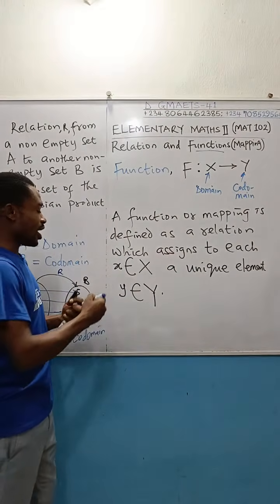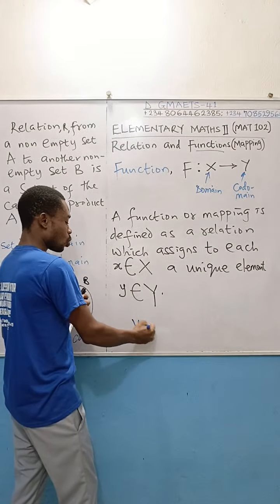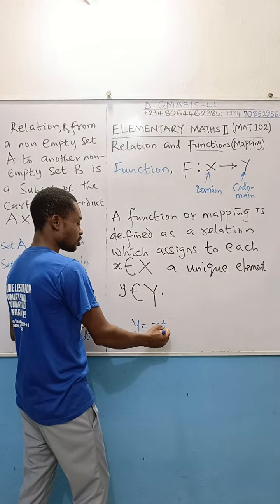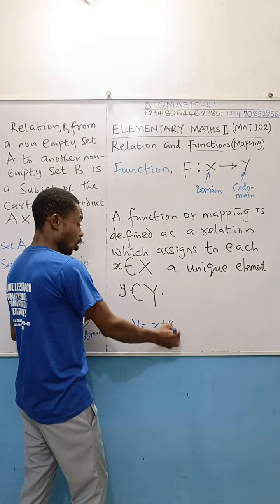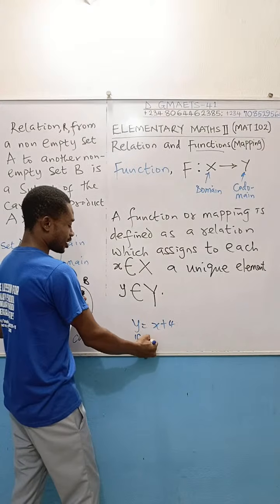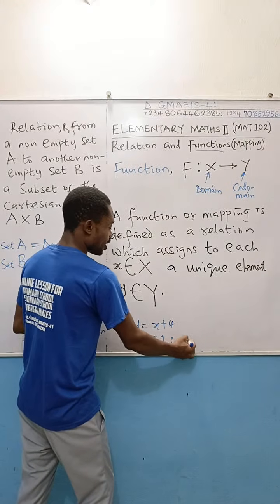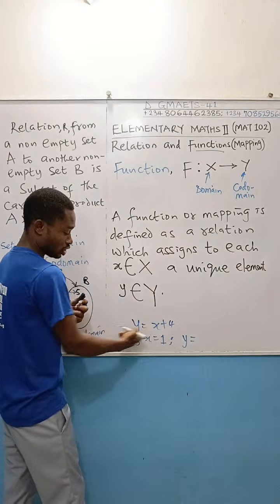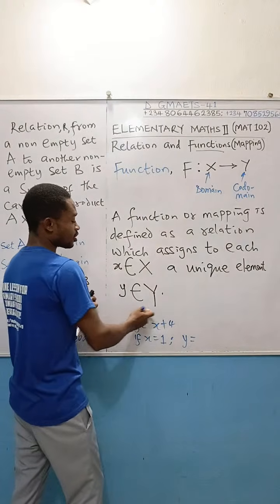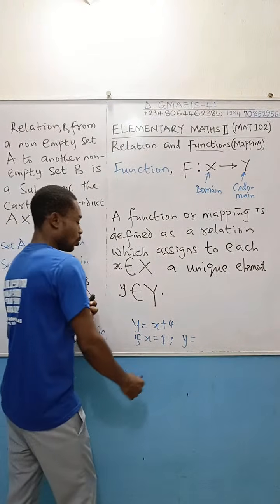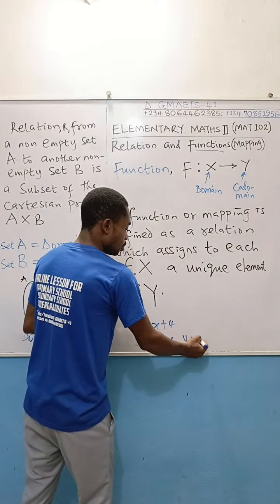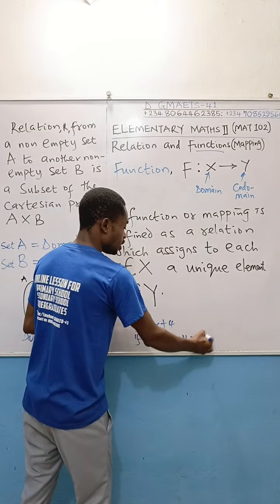Do you remember when I did something like let y be equal to x plus 4, and then I said if x is equal to 1, you find out that y in this function, or let's just call it this relation, will now be equal to 1 plus 4, which is 5.